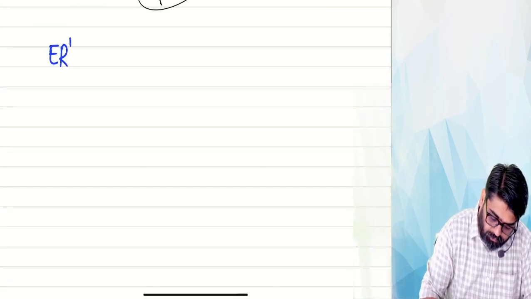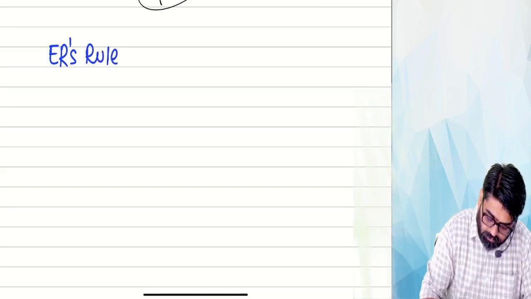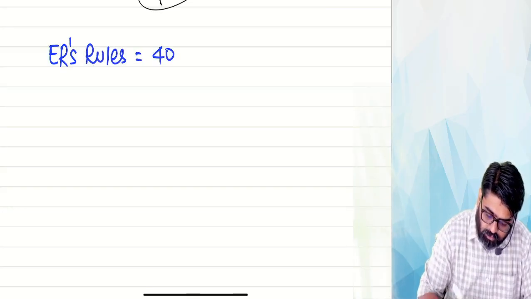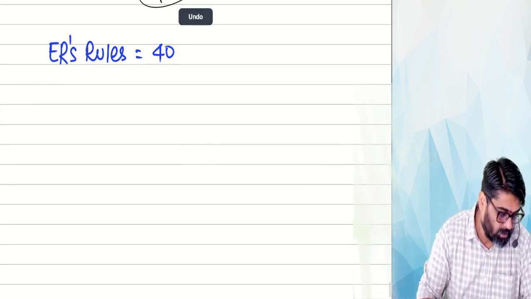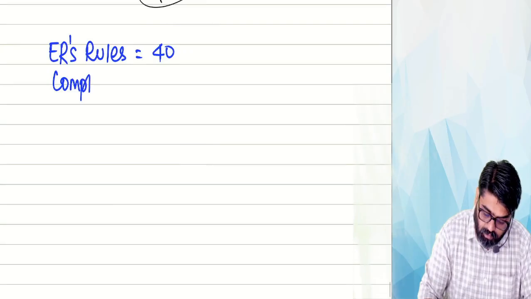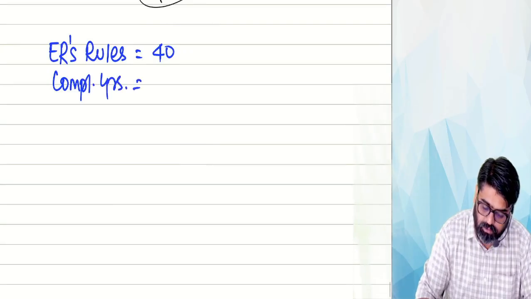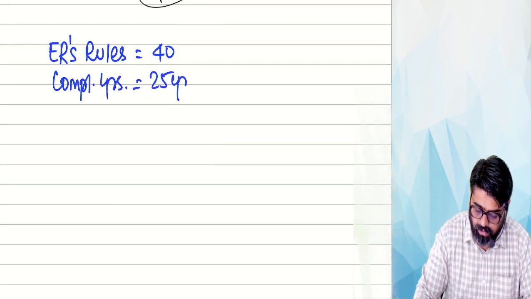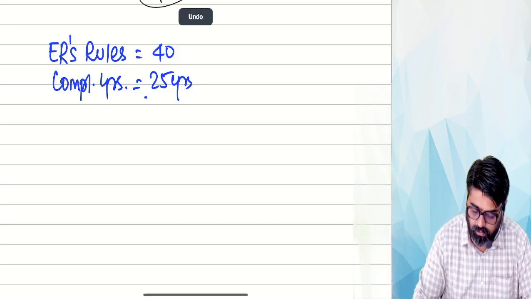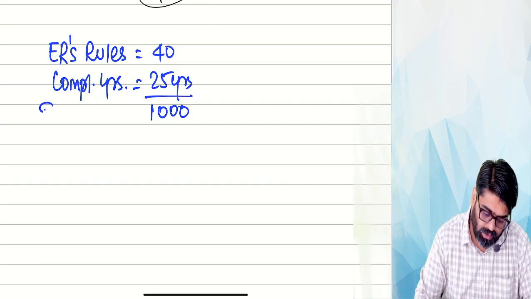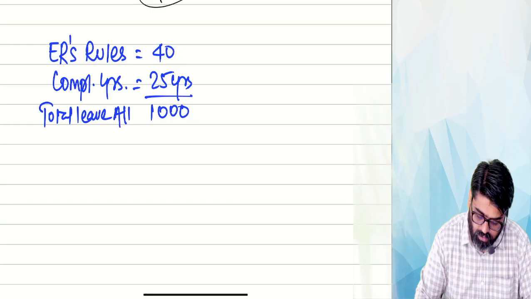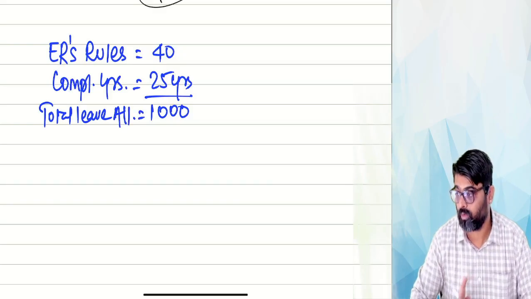Employer's rules: you are getting 40 days leave. Completed years of service, 25 years. 40 into 25 is 1000 days. Total leave allowed by the employer is 1000 days.